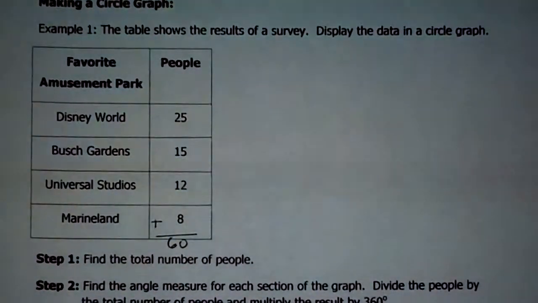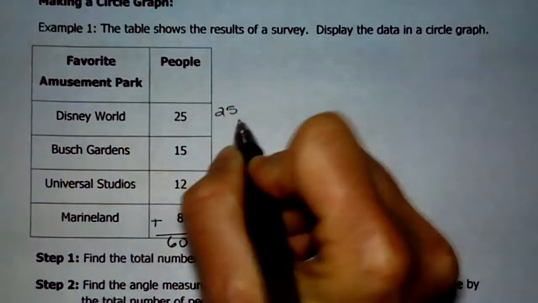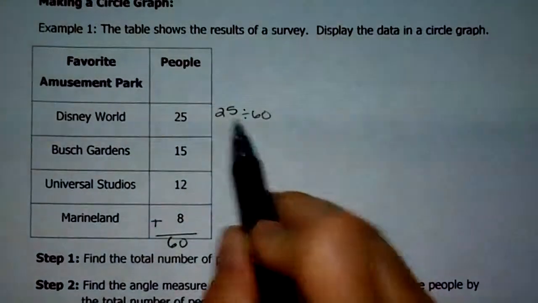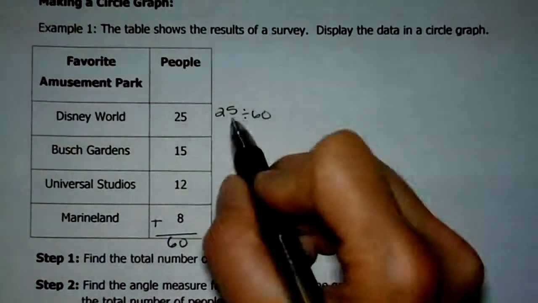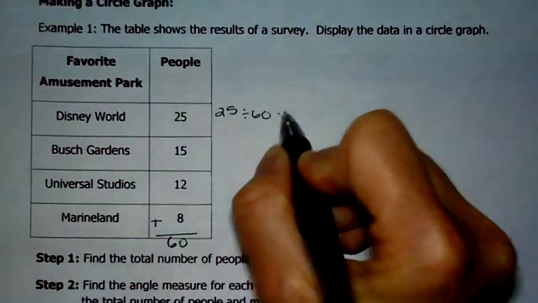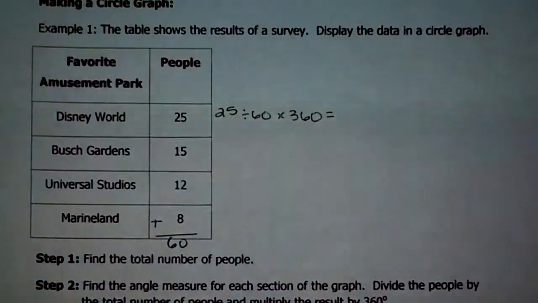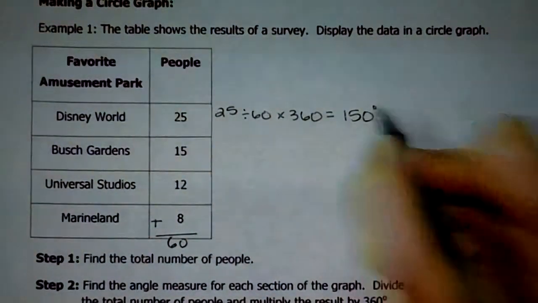So that's kind of what we did on the front here. So it's 25 out of 60. That gives me my percent as a decimal. So 25 divided by 60, and I want it in degrees, so I'm going to multiply that by 360. And when you do that, that gives you the number of degrees in this, which should be 150 degrees.